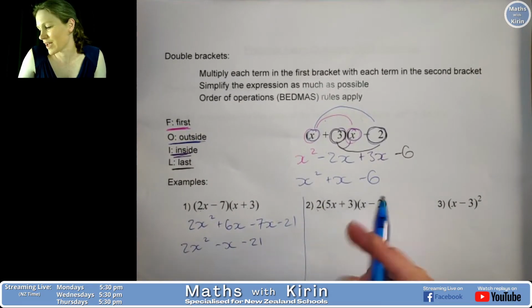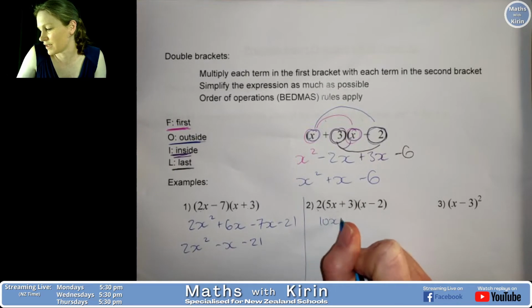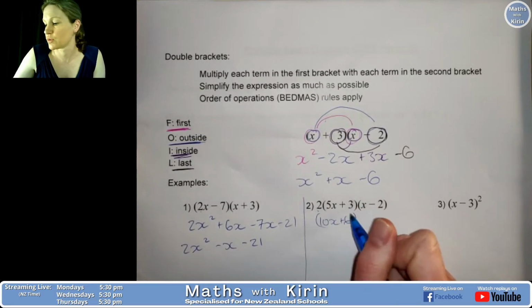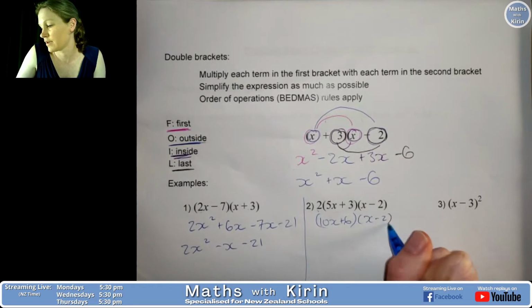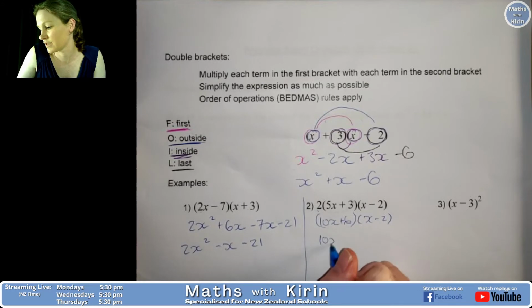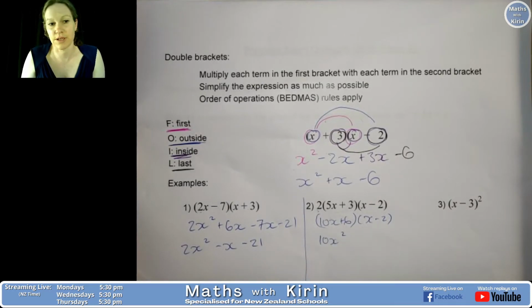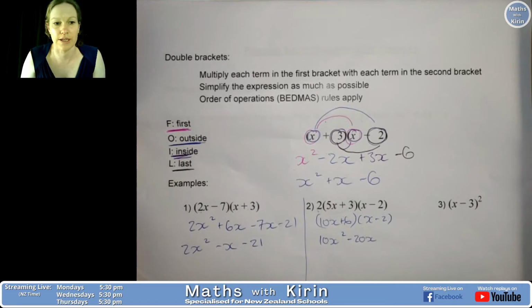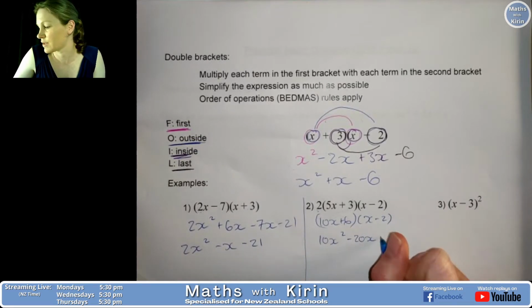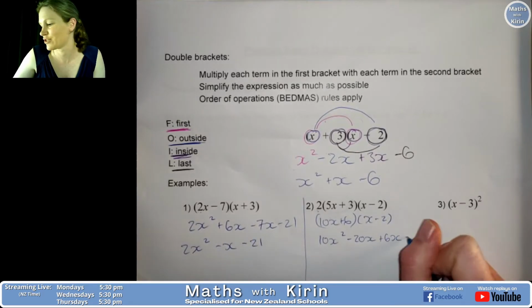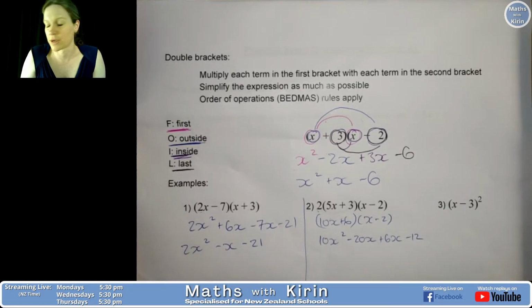So if we do that, we get 2 times 5x is 10x, and then 2 times 3 is 6. That's still in brackets, because we still want to multiply all of this by our x minus 2. 10x times x is 10x squared. 10x times negative 2 is minus 20x. 6 times x is 6x, and then 6 times negative 12.